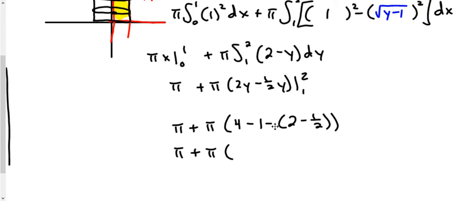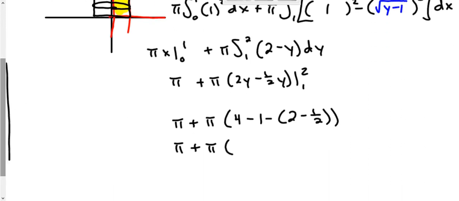Let's see, that's going to be plus 1. It should have been, let's try seeing this, 3. This will be 3 minus 2 is 1, and that's going to be plus 1/2, so it's going to be 1.5 or 3/2.